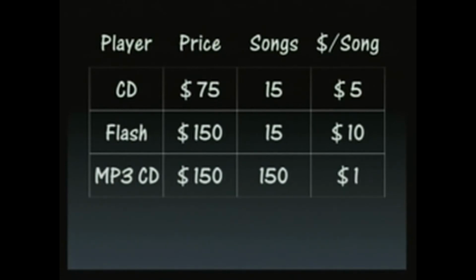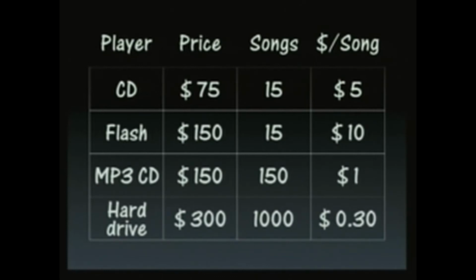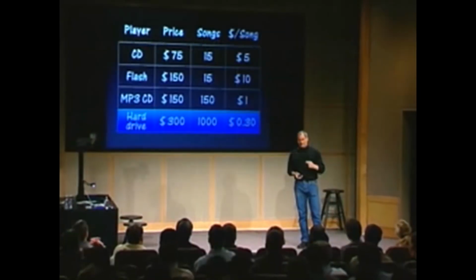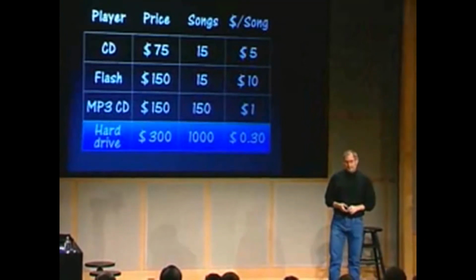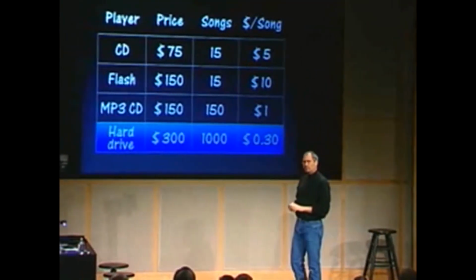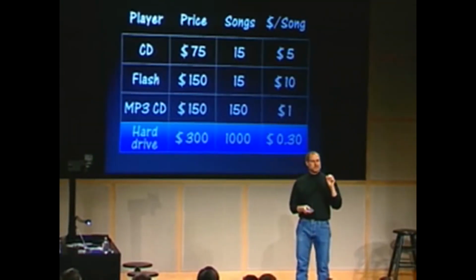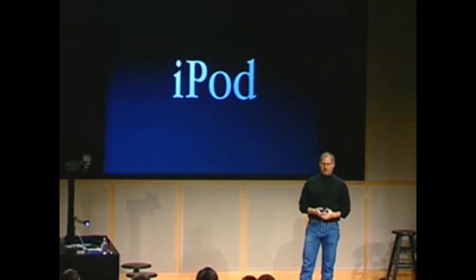So you get down to $1 a song. Or you can go buy a hard drive jukebox player for about $300. It holds about 1,000 songs and costs about 30 cents a song. So we looked at this and studied all these, and that's where we want to be. That is where we want to be. And we are introducing a product today that takes us exactly there, and that product is called iPod.